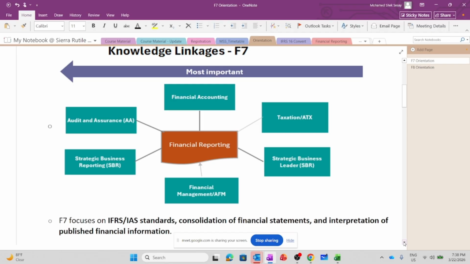It will help you give a clear insight on how to do your SWOT analysis or your Porter's five forces, whichever the situation might be. So understanding financial reporting will help you give an insight about which particular figure in the financial statement is more risky as compared to the other.